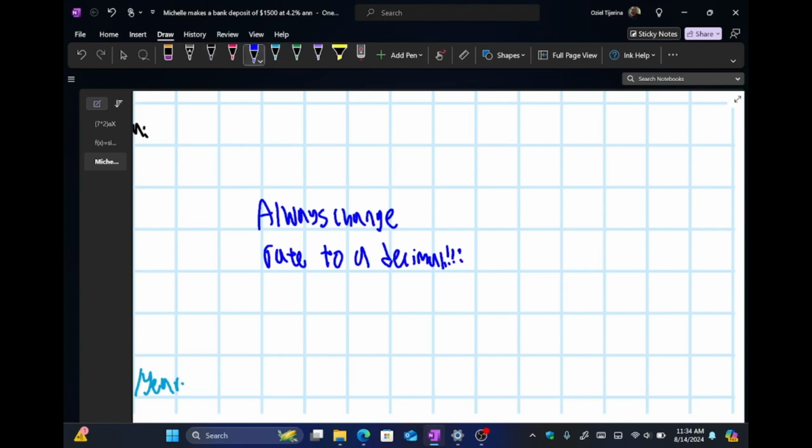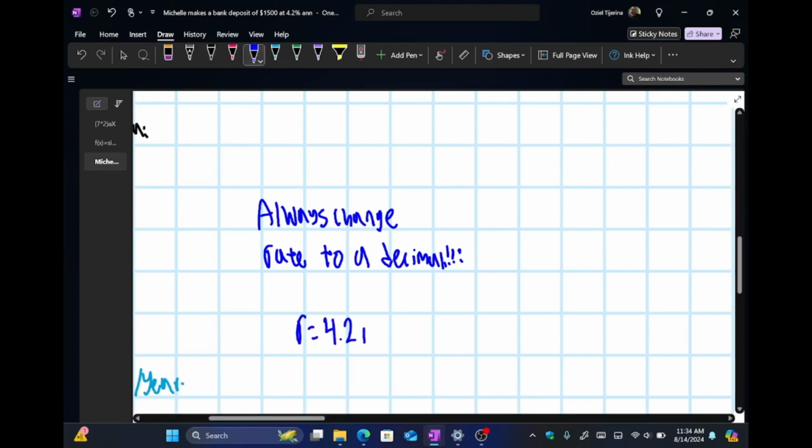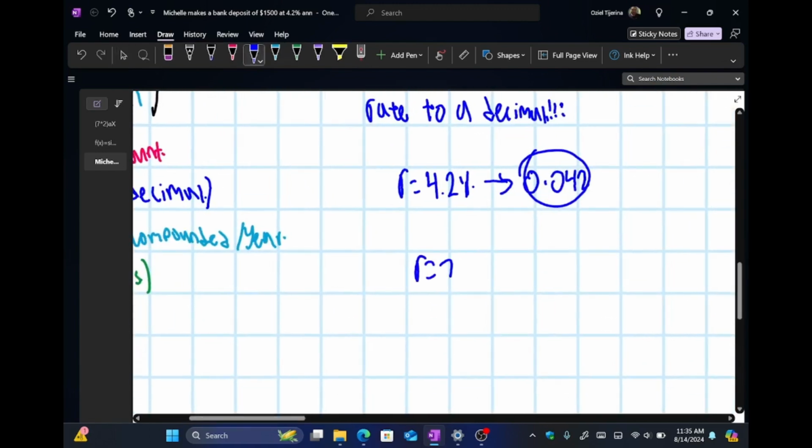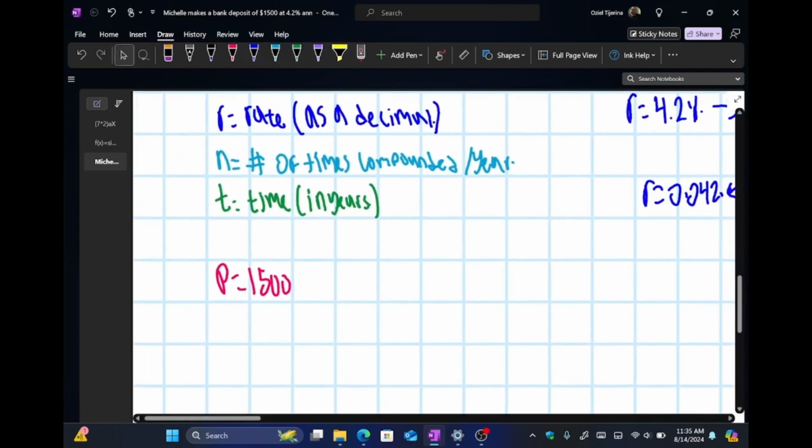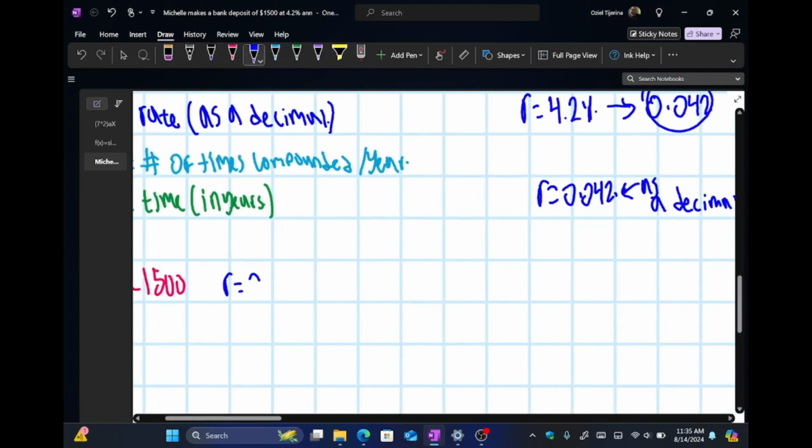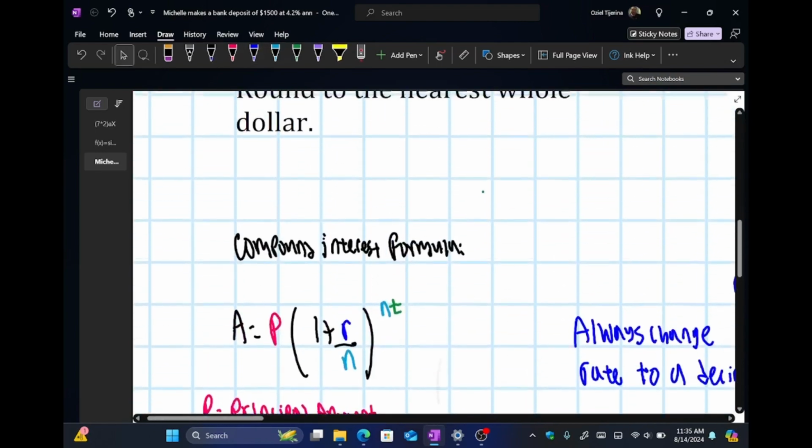So R is 4.2%, but as a decimal, you move the decimal point 2 places to the left and you get 0.042. Then N is the number of times compounded per year.